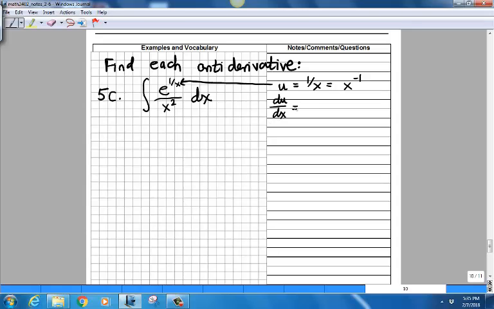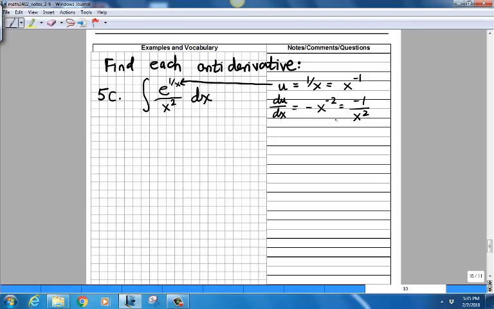So we're going to compute du dx here, and according to the power rule, that derivative is going to be minus x to the minus 2 power, right? Bring down the minus 1 and subtract 1 from the exponent, which is the same as minus 1 over x squared.